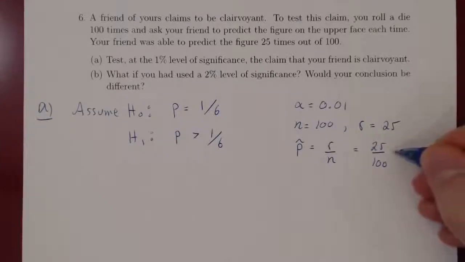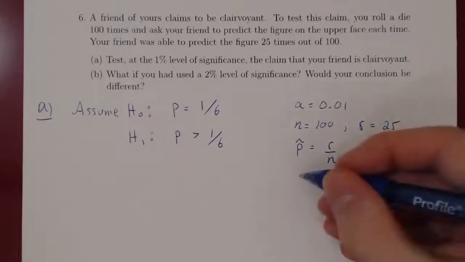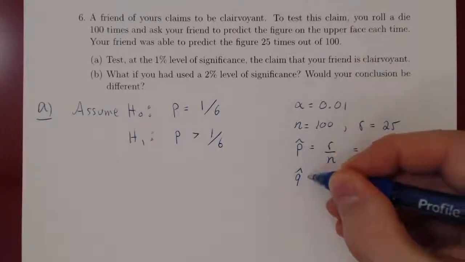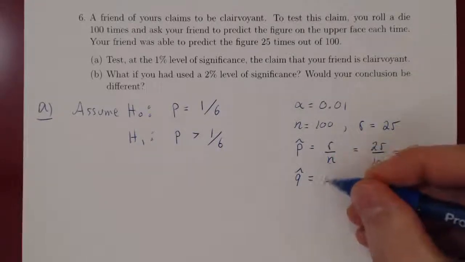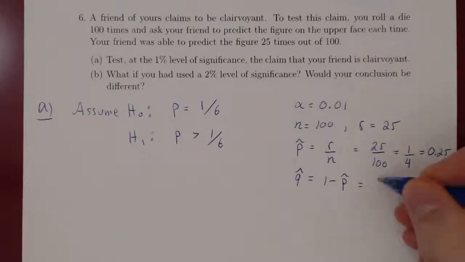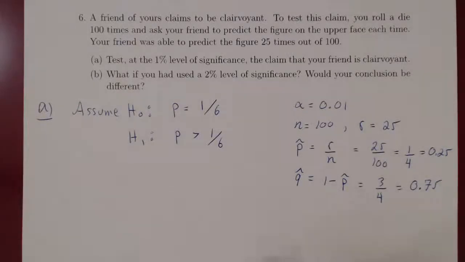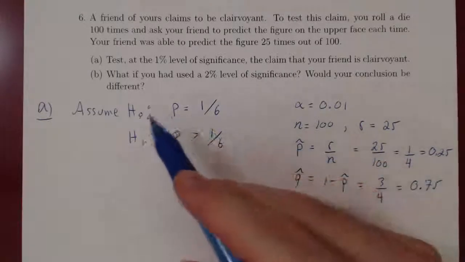You can write this as 1/4, or if you prefer in decimals, as 0.25. Therefore, the complement proportion Q hat is 1 minus P hat. 1 minus 1/4 is 3/4, or in decimals, 0.75. So on the surface, it looks like your friend is doing better, right?